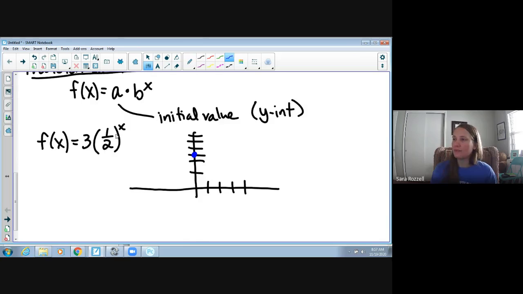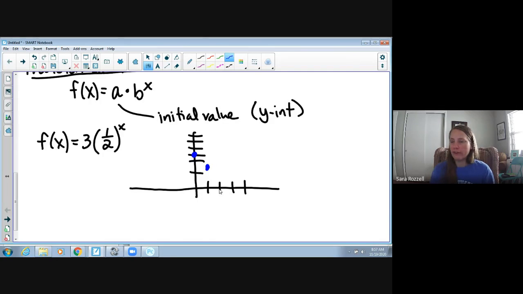And this tells us what's happening to our numbers. So our numbers are getting divided by 2 or cut in half for each x value that we scoot over. Okay. So if I move to 1, what would my y value be? I'm cutting 3 in half. So what is 3 if you cut it in half? Yeah, 1.5. So if you're over at 1, you'll be at 1.5.